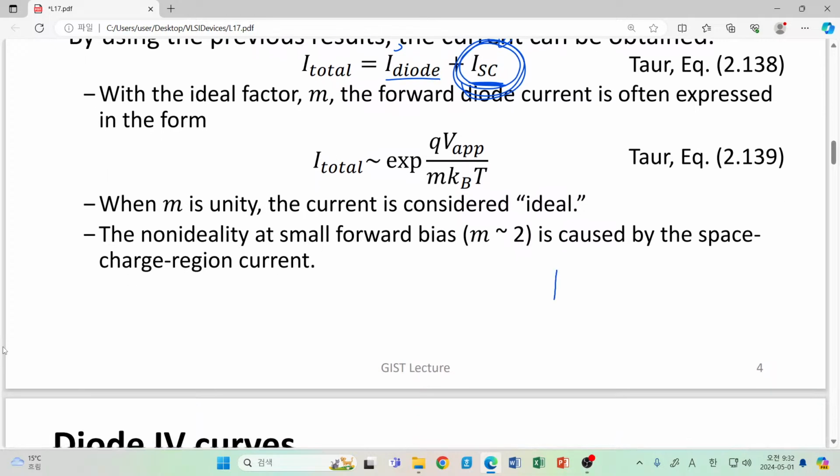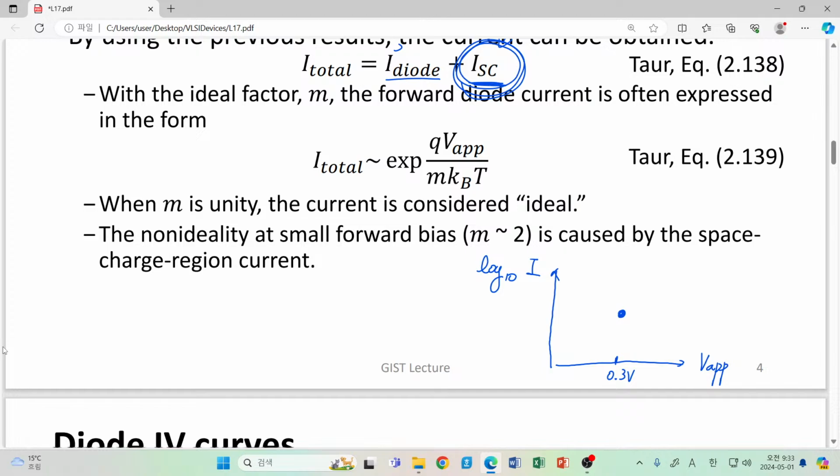So simply say, if we draw, for example, this is the applied bias voltage, and this is the current component, both of the diode current and the space charge current. In this example, let's say that we have 0.3 volt, and both of them show a similar value. Instead of a linear scale of current, take log 10 of the current density, so we are now drawing a semi-logarithmic graph.